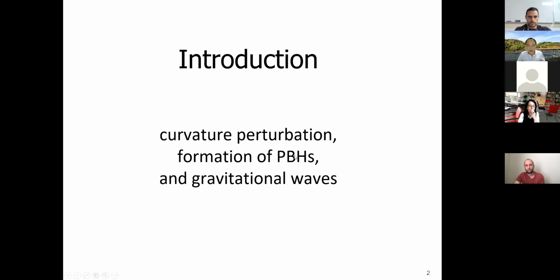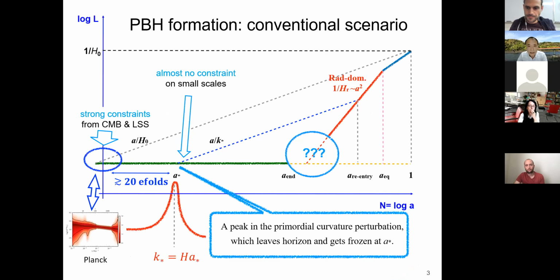Okay. So first of all, let me briefly review the standard scenario based on the curvature perturbation and most probably generated from inflation. So you have this famous space-time diagram.